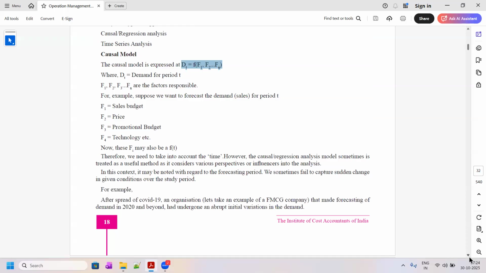So you don't have to memorize sales budget. This is not some mathematical formula. They have just given you an idea that demand is based on many parameters.